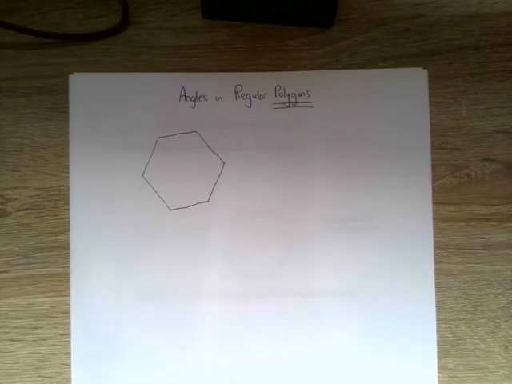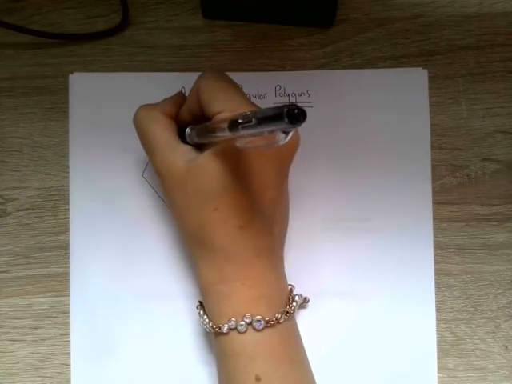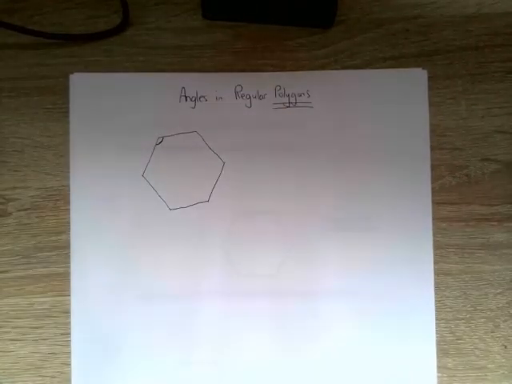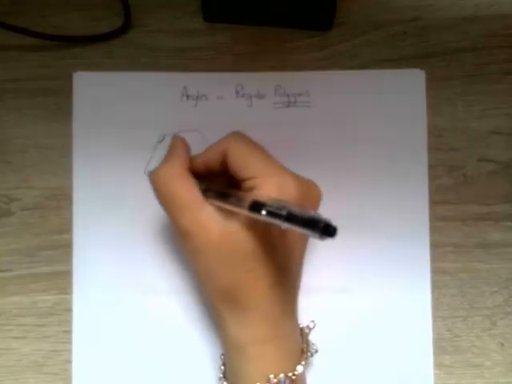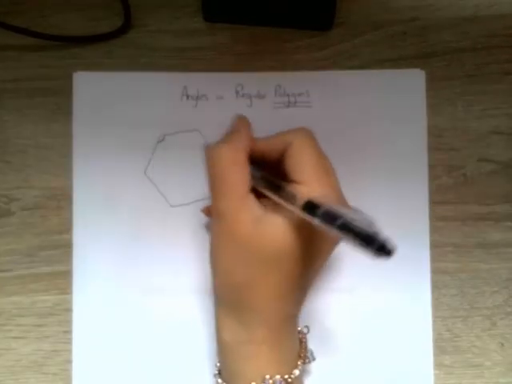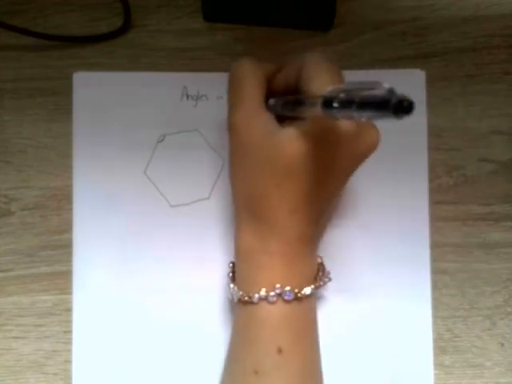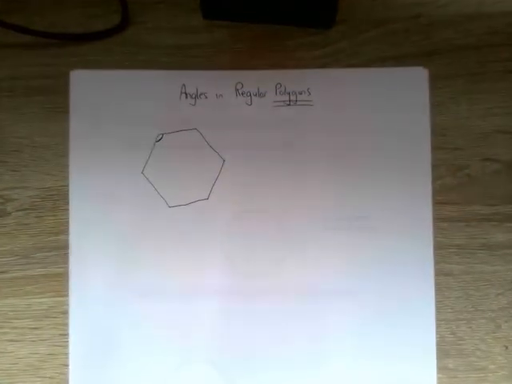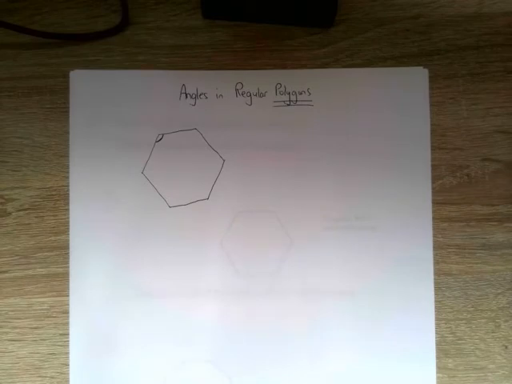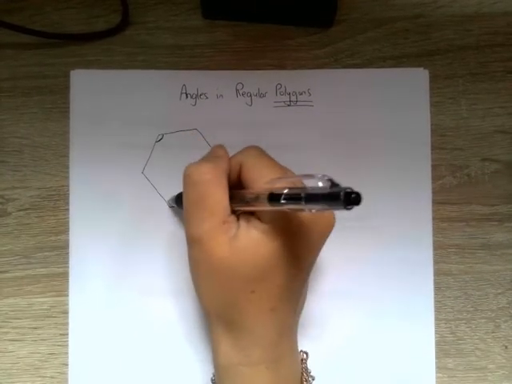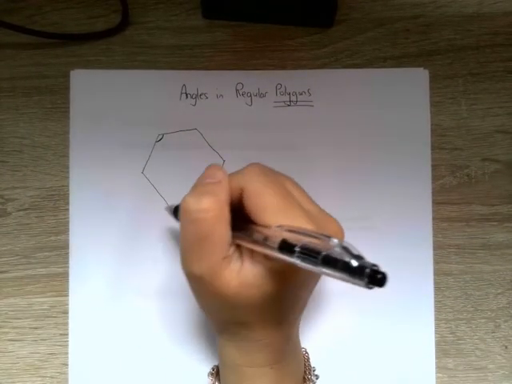Now, the angles in a polygon, you have 2 types. You have interior angles and exterior angles. Obviously interior are going to be inside the shape. So that would be one interior angle, and obviously if it's a hexagon, then we're going to have 6 of those. If it's a regular polygon, that means that the sides are all exactly the same length, and therefore the angles are all going to be exactly the same as well.